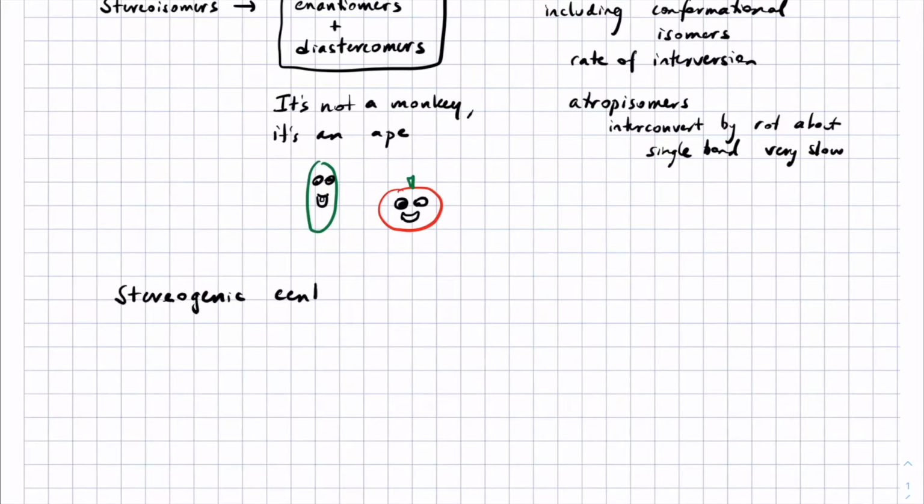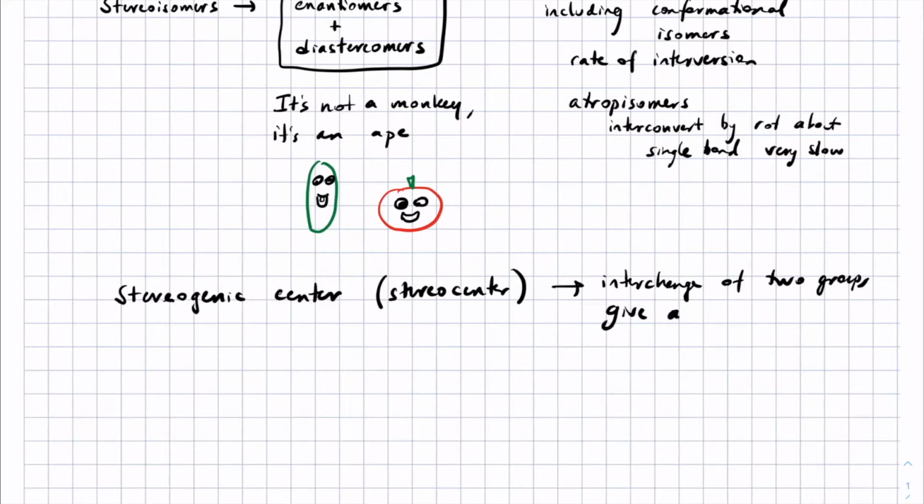there are two terms that have replaced a lot of this, and one is stereogenic center. That is a center that generates stereochemistry. Or stereocenter for short. And the easy way to think about a stereocenter is interchange of any two groups. Interchange of two groups gives you a stereoisomer.